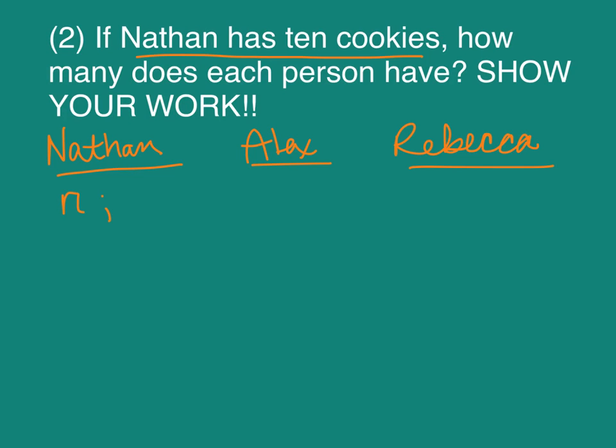I'm going to put a semicolon. That is not a J, that is a semicolon. Just like in language arts, a semicolon separates 2 parts of your sentence. That's what we're doing here. We're separating the 2 parts. So we've got n for Nathan, and then we were told that n is equal to 10. And now we substitute in 10. There's nothing else to be done because we simply straight out substituted it in, and we have to label it 10 cookies.